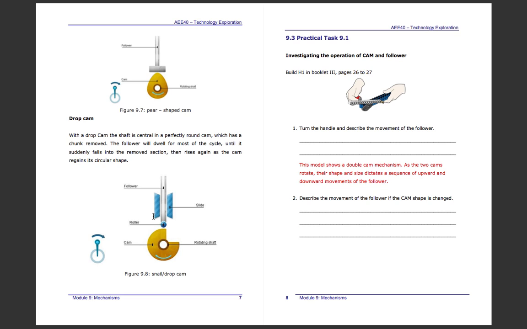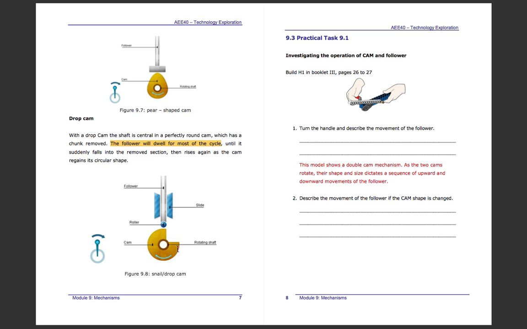This is a drop cam. So you've got the cam, you've got the rotating shaft, this is a roller, slide, and the follower. Now this is very interesting. The follower will dwell for most of the cycle. Why will it be at rest? Because from here all the way to there, it's the same.